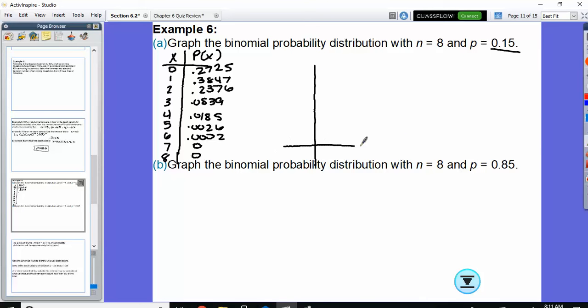When I ask you to graph this, your x's are down here, your p of x is here. Let's see, my biggest probability is about 0.4, so I'm going to go up by 0.05.